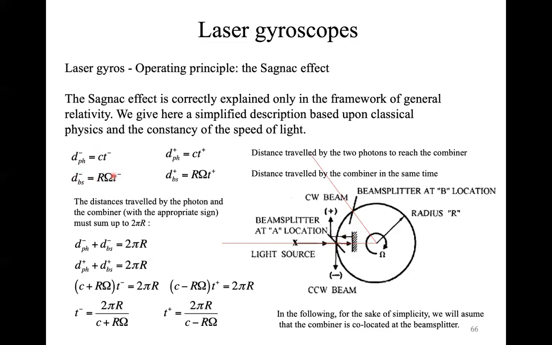So by writing this in this formula, these dph minus and dph plus are the distance that is basically done by the photon. So you have the speed of light times t minus and c times t plus.